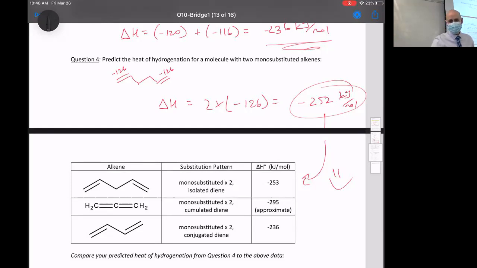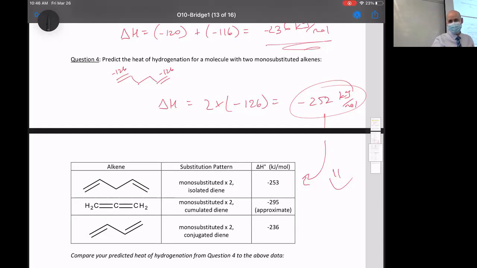All right. But this cumulated diene, this is something that we have seen or drawn. A lot of folks tried to draw a lot of these molecules way back when we were putting a bunch of double bonds in at the beginning of the year. There's kind of this hanging question of why we don't see double bond, double bond, double bond all in a row. It's not something we see, but this is why. What is this number telling us?